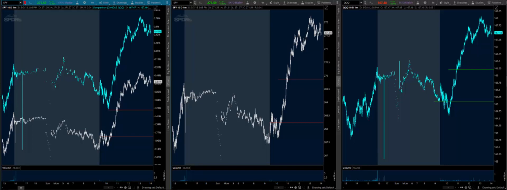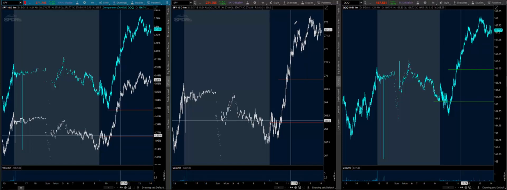What I'm actually going to do here is close, because I like the strength of the market. I'm going to close my short trade and I'm going to leave my long trade open. Okay, so let's just do that right now.